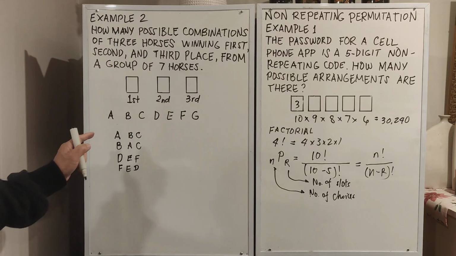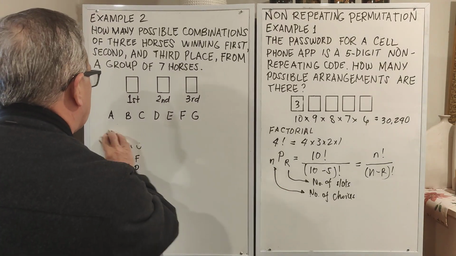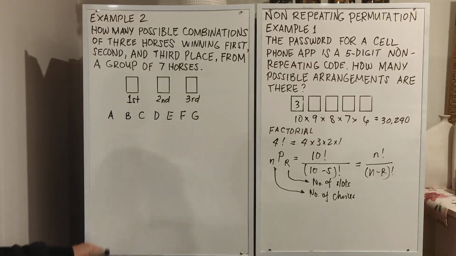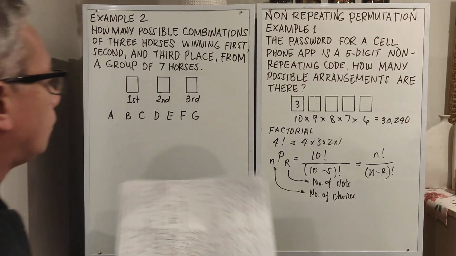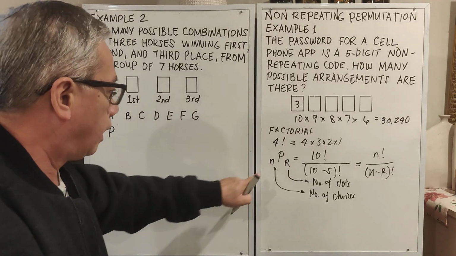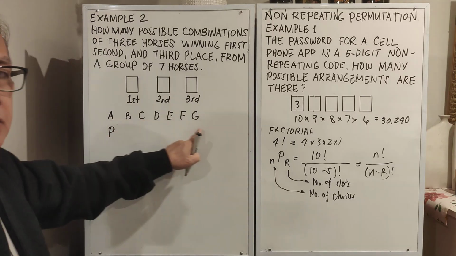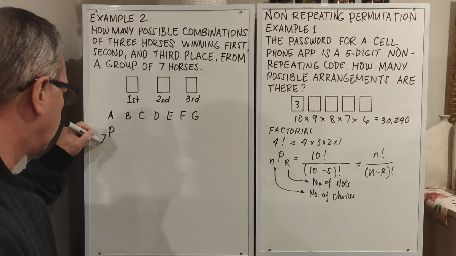Now, to apply, we just apply the formula that we have discussed. So, nPr, where n is the number of choices. We have 7 choices of horses, so we put it in here.